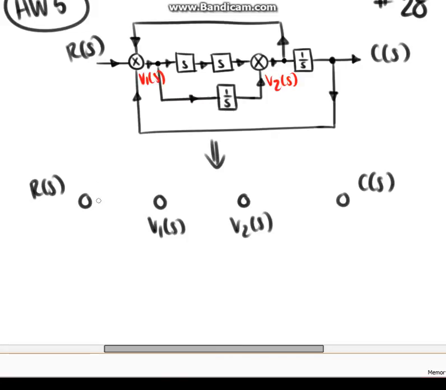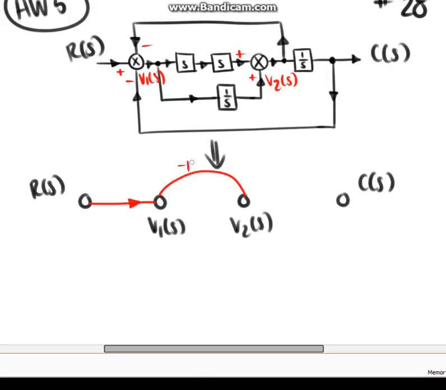So for V1 of S, I forgot to add, we have plus here, minus and minus, we have plus here, and we have a plus here. From V1 we have R of S coming in, and from V2 we have it coming back, and that's a minus because it's minus up here.